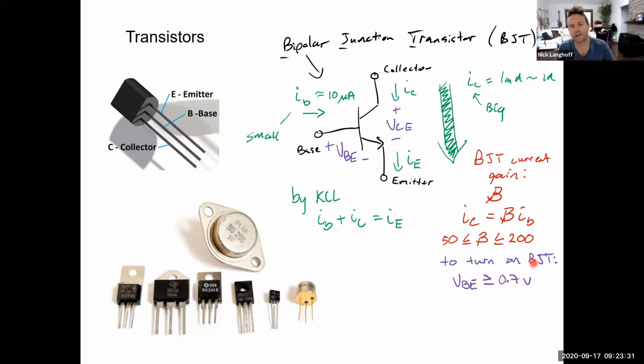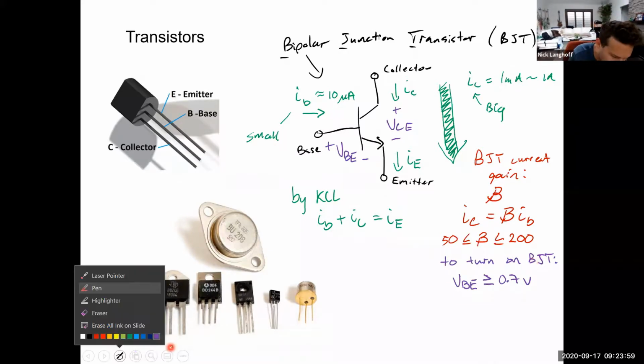And for a lot of our calculations, we'll just assume that it's 0.7 volts. Because of the nature of silicon PN junctions, which is what the base and emitter are made of, P-type material and N-type material, silicon, it generally saturates at about 0.7 volts once you put some current into there. So we'll just assume that in our calculations, and we'll show that on the next page.